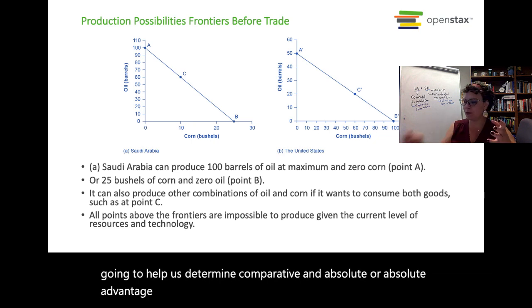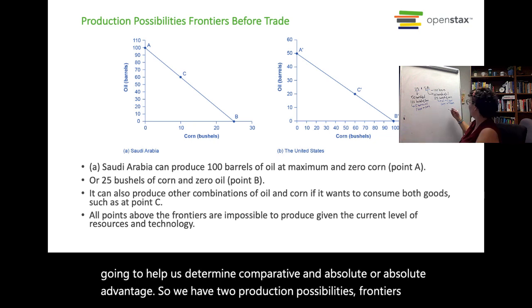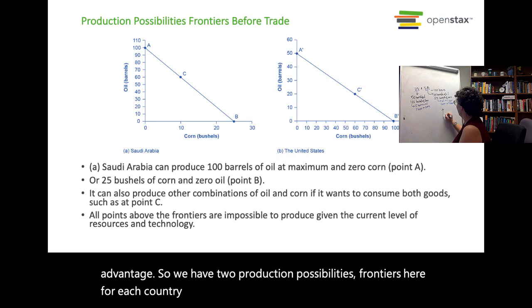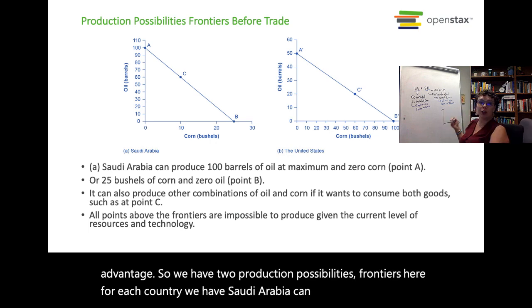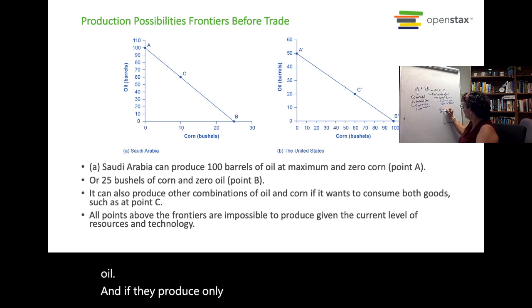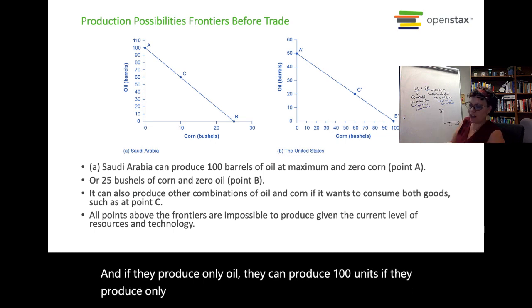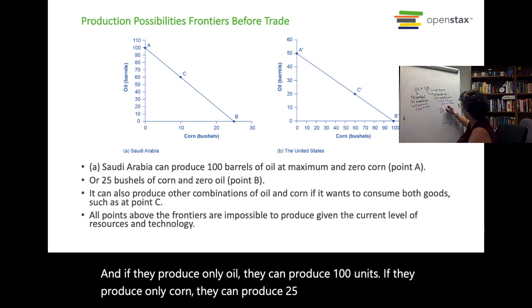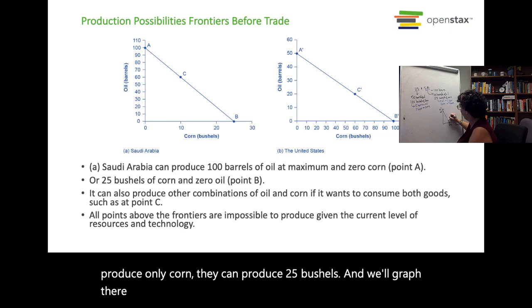So we have two production possibilities frontiers here, one for each country. Saudi Arabia can produce either corn or oil. If they produce only oil, they can produce 100 units. If they produce only corn, they can produce 25 bushels. And we'll graph their PPF.